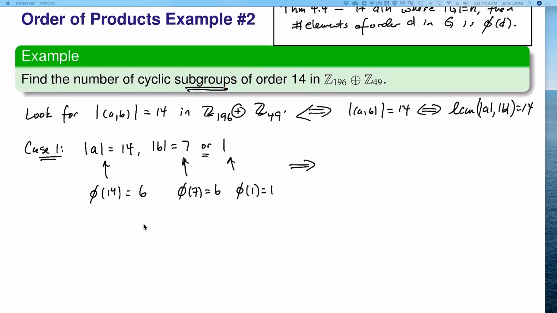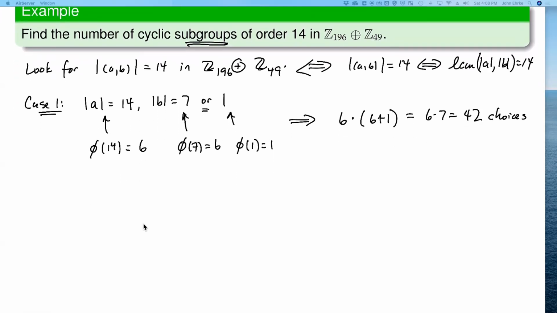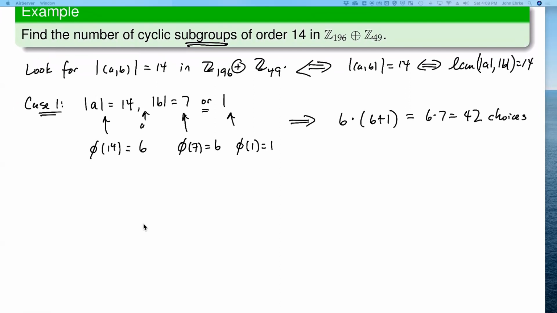If you're counting this, it would be 6 times (6 plus 1), or 6 times 7 equals 42 choices. So there are 42 ways for that case to occur. Remember, we need a to be of order 14 and we need b to be this or that: and is multiply, and or is add. So that's how to think about the wording that I'm using here.